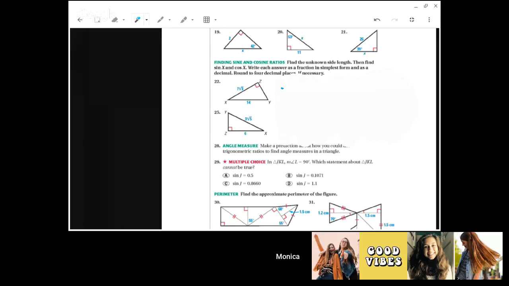So what you have is 7 square root of 3 squared plus b squared equals 14 squared. So you can put this in your calculator, okay? Do you know how to do that?